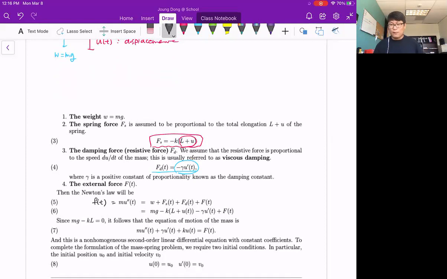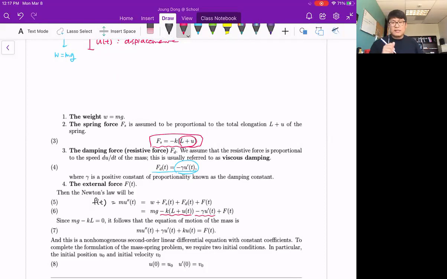And all those things apply to the displacement motion. Since your F of t is mu double prime from Newton's law of motion, it is equal to weight W, which is mg, and F of S and F of D are applied in the backward direction, so there is a negative sign, notated here, okay? And this one, the external force, which is capital F of t, okay?